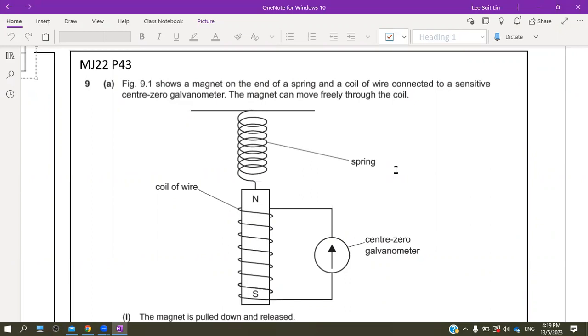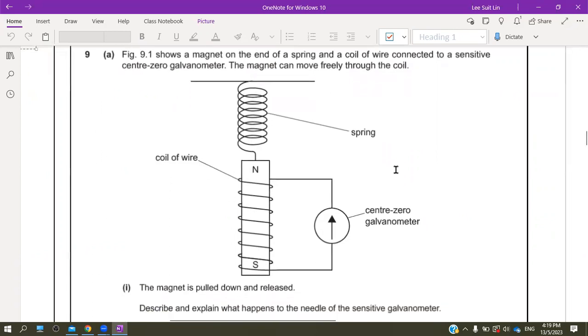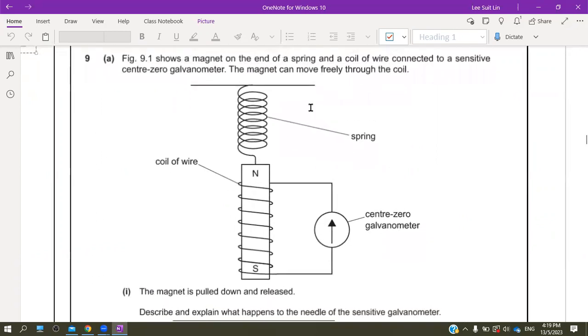There is a magnet on the end of a spring and a coil of wire connected to a sensitive center galvanometer. So this galvanometer can deflect to the left and deflect to the right, depending on the direction of the current. The magnet can move freely through the coil.